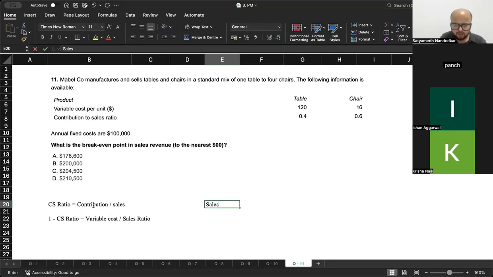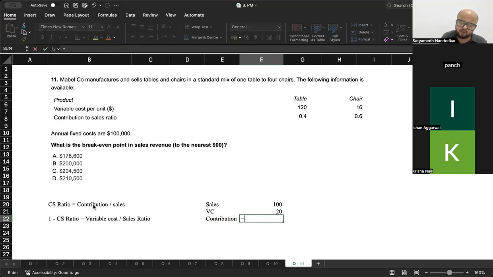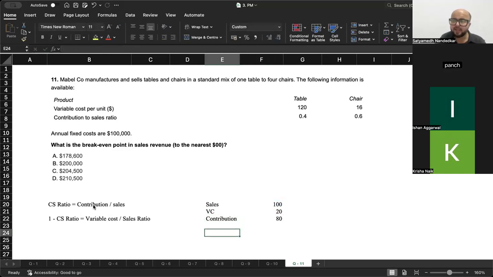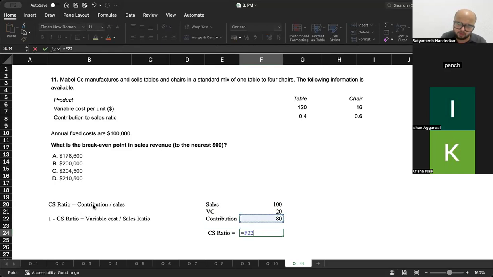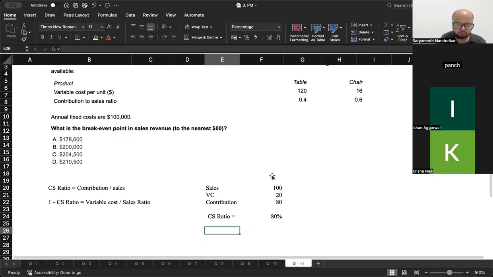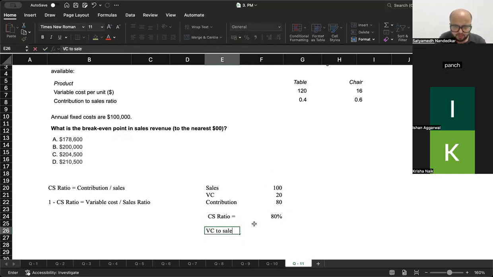If 100 is my sales and my variable cost is 20, what is my contribution? 80. 100 minus 20, that is 80. 80 is my contribution. So CS ratio is 80 upon 100, that is 80%. Now calculate variable cost to sales, which will be 20 upon 100.